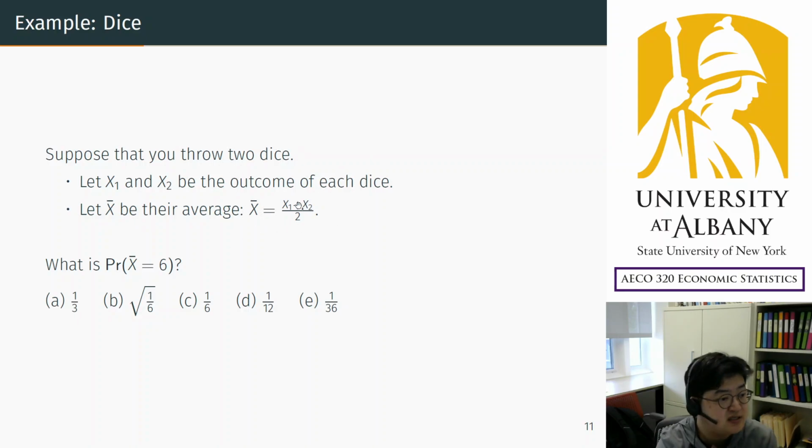And in this case, this is a simple distribution. Now, calculate the probability that the average equals 6. Okay, I will stop the video here. So I'll try to calculate this and continue to the next one. Okay, see you later.